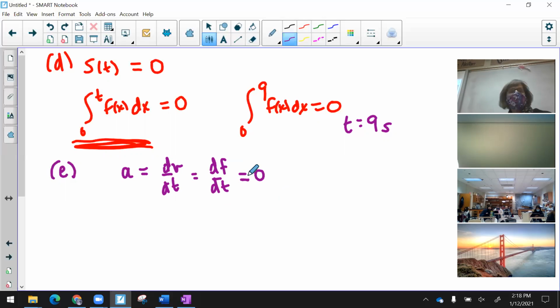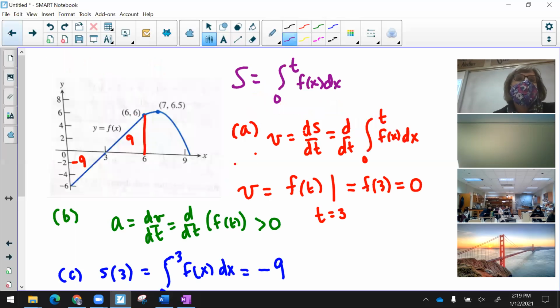So what does that mean, df dt is equal to 0? Dagny. Yeah, and what kind of place is the slope equal to 0? At a max or a min. So if we go back and look at our graph, where is there a max or a min?